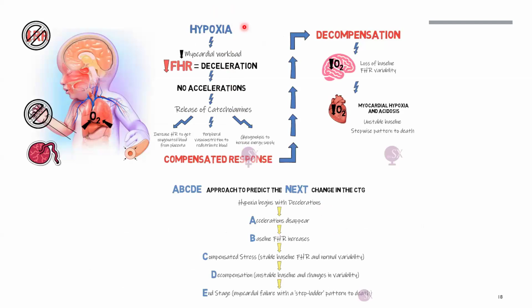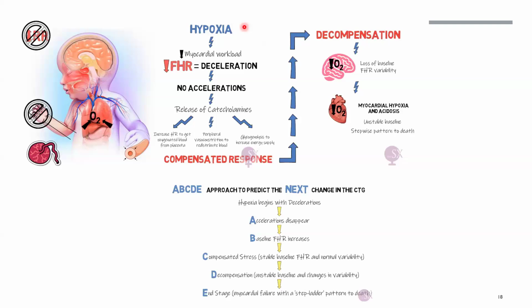They cannot just increase their respiration rate. So as a result, how would they compensate? They decrease their myocardial workload. They decrease the heart rate to preserve energy. When the myocardial workload decreases, you're decreasing the heart rate. The decreased heart rate reflects as a deceleration on the graph. And this causes this.